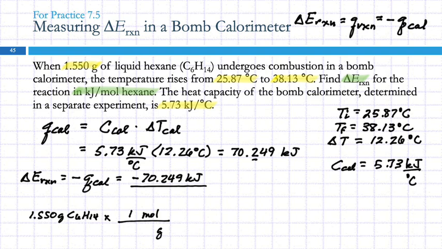This is the molar mass thing we learned a while ago. So 1.550 divided by 86.172 is 0.01798, 4 sig figs, 73 moles.